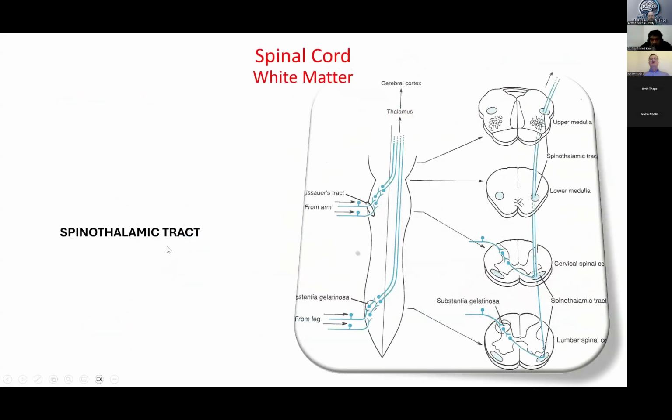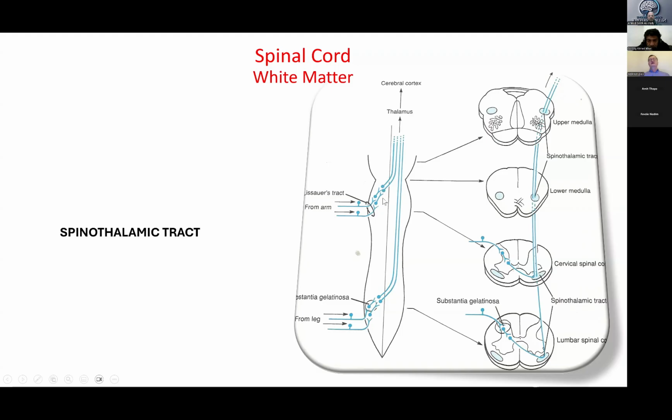And the spinothalamic tract, after entering from the spinal ganglion and dorsal roots, decussates 2 or 3 levels up.